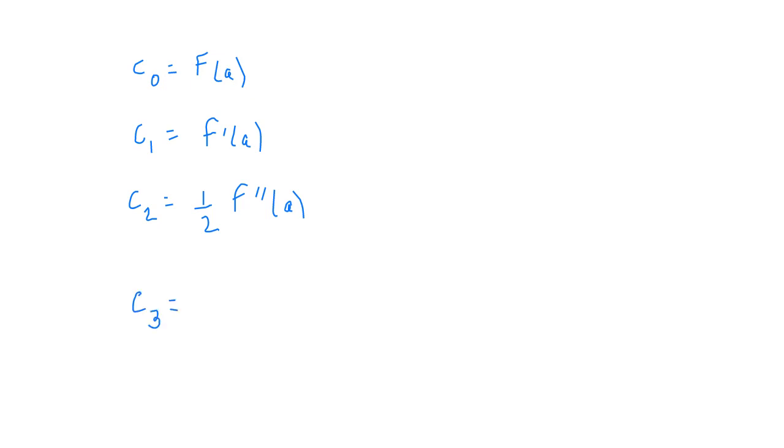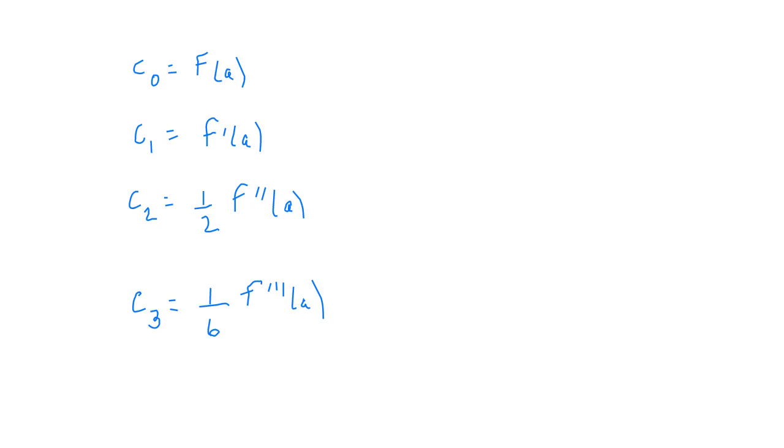What do you think the third coefficient is going to equal? 1/3 times the third derivative? Almost right, Maria. It's actually going to be 1/6 times the third derivative, because remember, we had that 2 times 3 in front of c3.